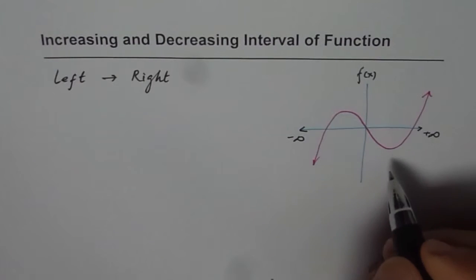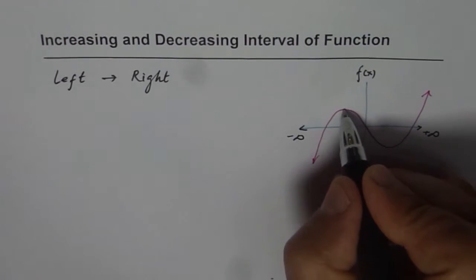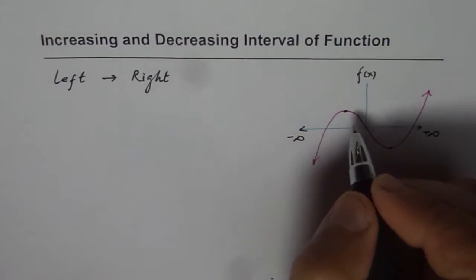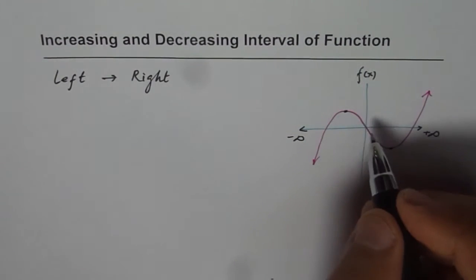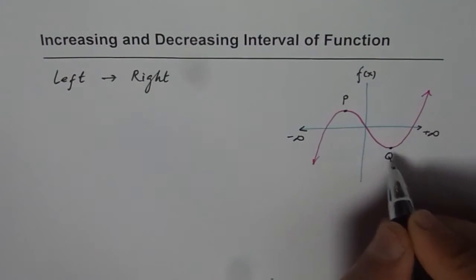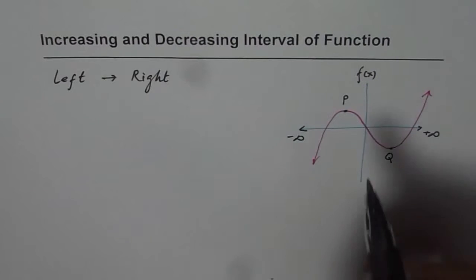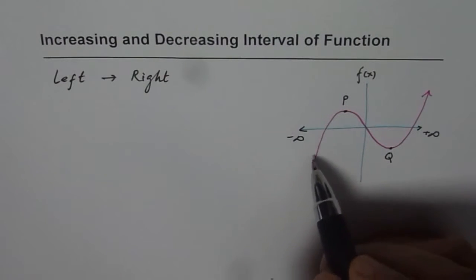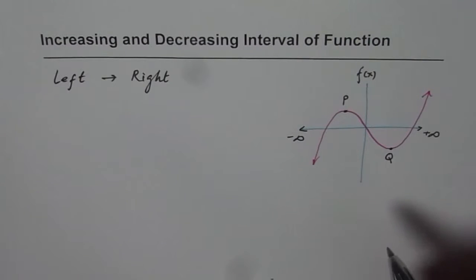Now, at the function, mark the turning points. So in this function we have two turning points, and let's give some names to them. Let's say P and Q. So these are the turning points. Of course, at the turning points, the function is changing from either increasing to decreasing or from decreasing to increasing, right?